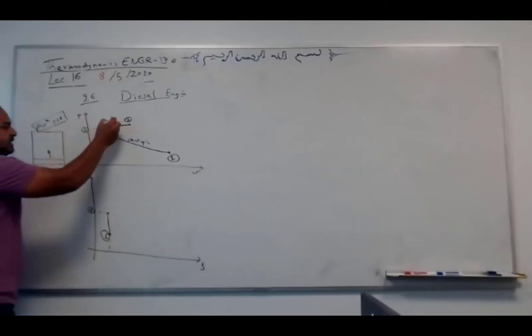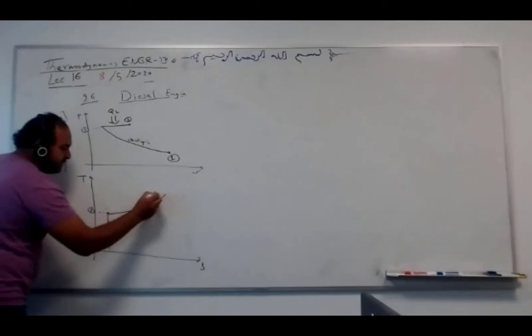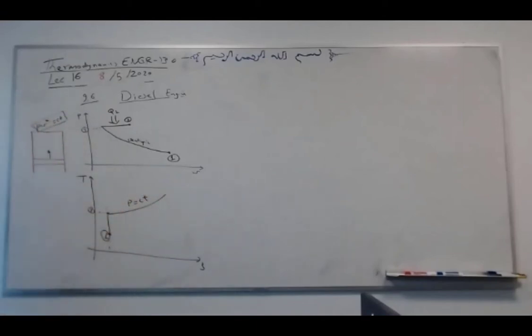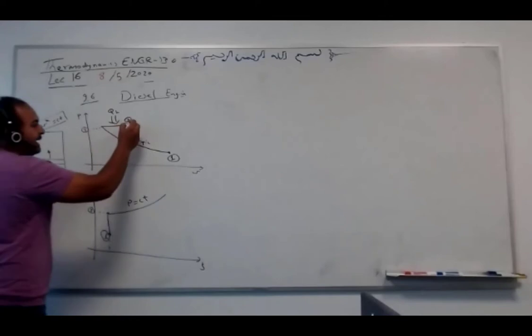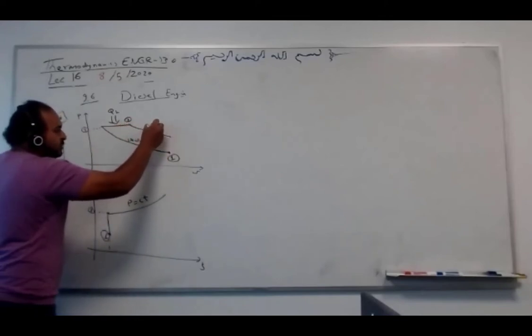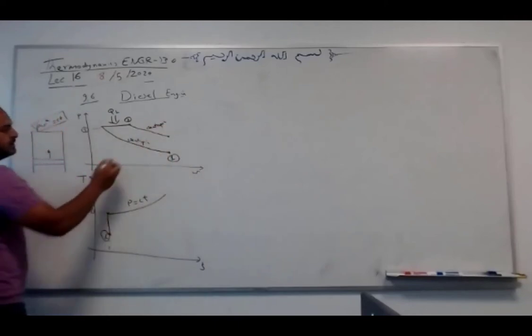Here the heat addition is at constant pressure. Then we expand and the piston goes down, giving you the power. We get power isentropically, with no heat addition and no irreversibility, until state 4.